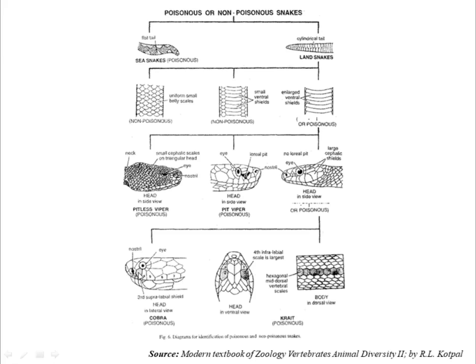If the third supralabial shield, here you can see we count from here, this is the first, just below the nostril, this is the second, and this one is the third. So this third large cephalic shield is called the third supralabial shield, which connects the eye and nostril.